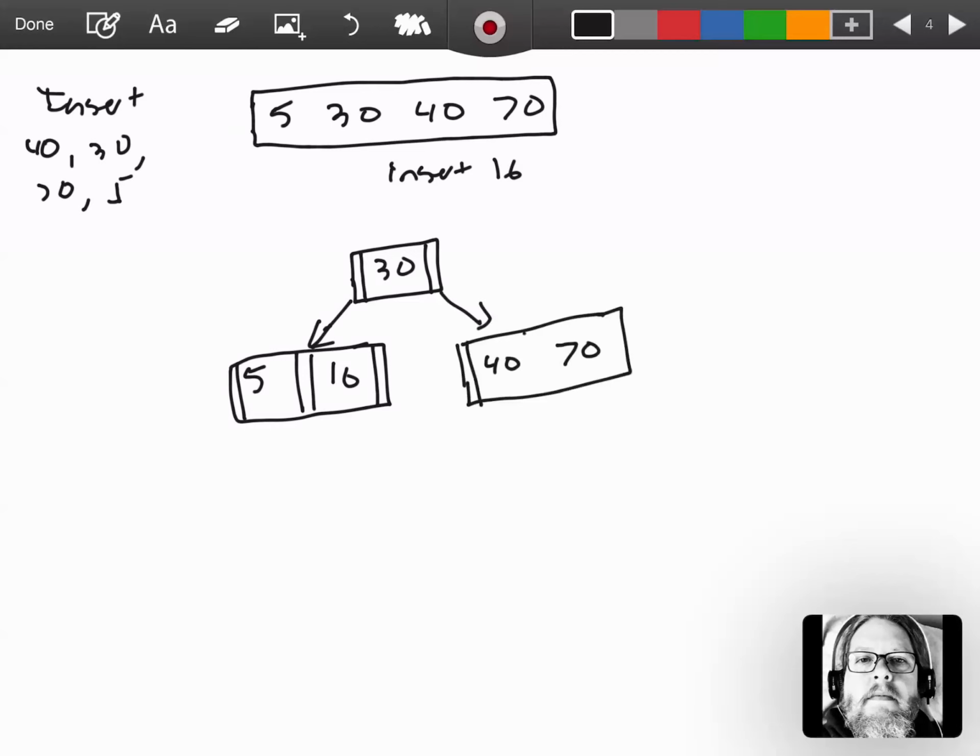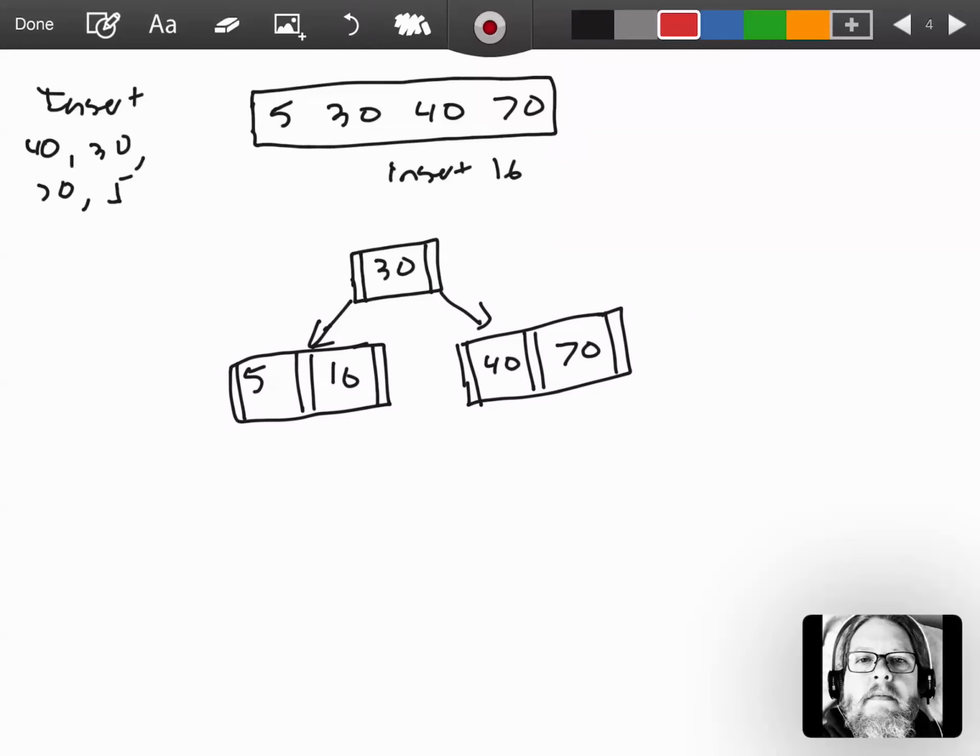Again, link there, it's empty, link there, link there. At this point we're okay because all the leaf nodes are at the same level, and now that we moved down to here, we're also okay.